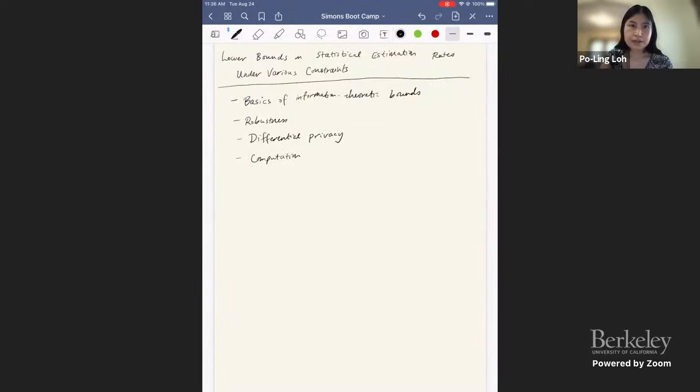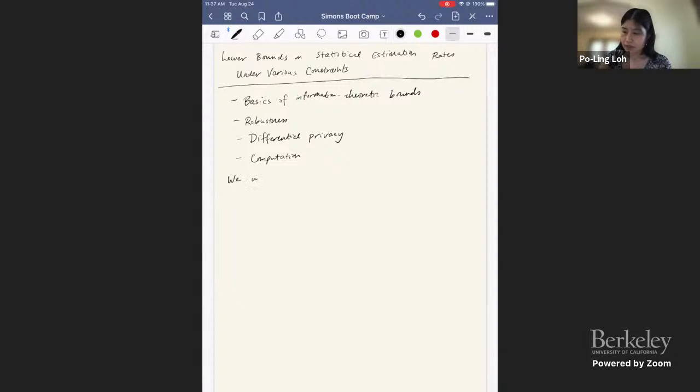Roughly speaking, we'll have 1 lecture for each, although differential privacy will probably be slightly longer and computation will be slightly shorter. That's because I think many of the other bootcamp speakers are talking about computation. Some constraints which are not covered are communication constraints, which are also studied, and other constraints like memory or storage constraints.